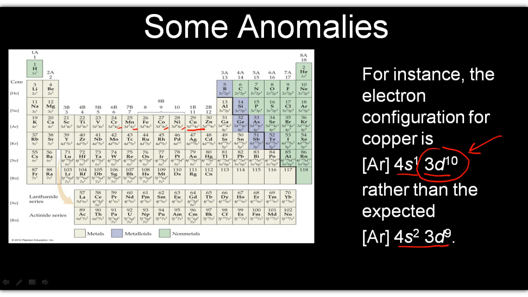And chromium and molybdenum do the same thing because they're halfway filled, and I'll put 5 lines here coming across. So it steals from the S to give this scenario for chromium and molybdenum. So they have 5 electrons in the D sublevel as opposed to leaving the S sublevel filled. So it takes one away from that. And it has to do with energies and stability.